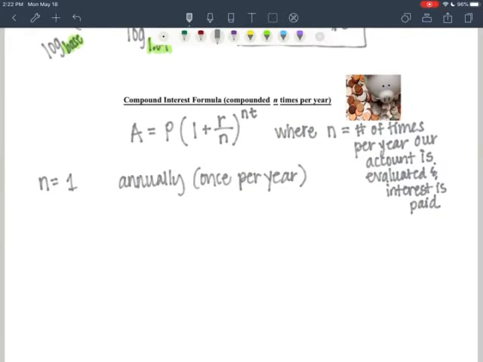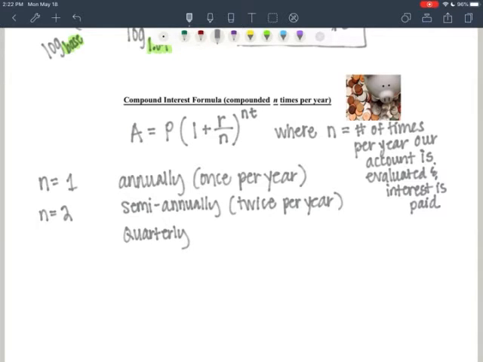Another way is semi-annually, which means twice per year. They might say semi-annually instead of twice per year, and that tells us that N equals 2.